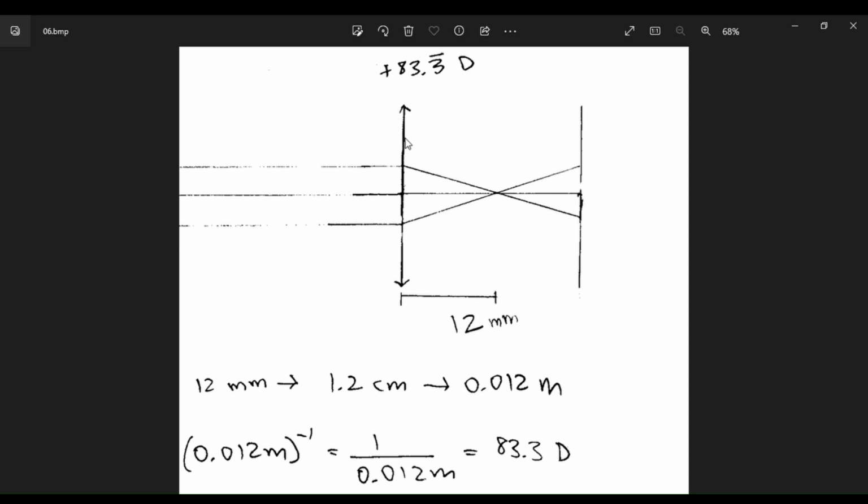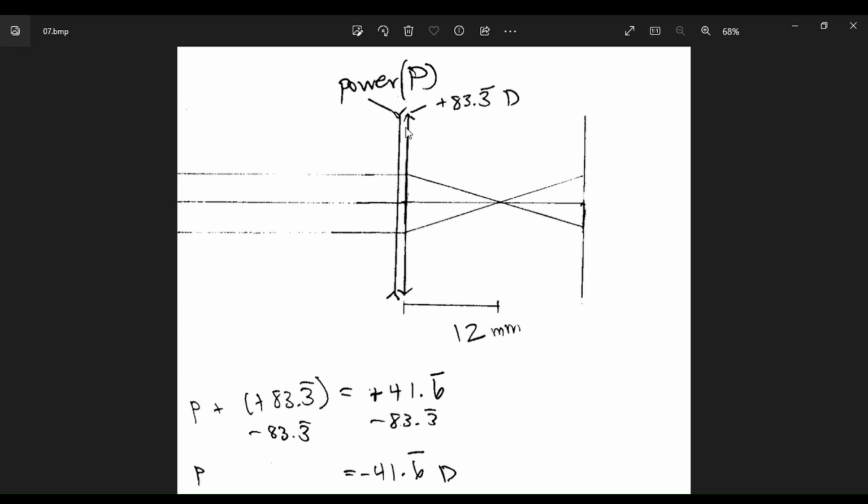So we need to introduce another lens right in front of this one that has some power, call it power P, that we're going to add to our system and end up with a system that focuses on the retina. So that's what we have here, power P on this lens. We add this lens plus this lens, P plus 83.3.